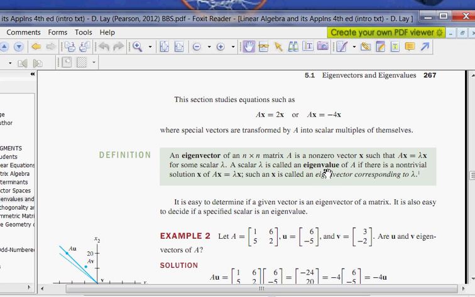And the eigenvector corresponds to lambda. This x right here corresponds to this lambda. That's all the idea really is.